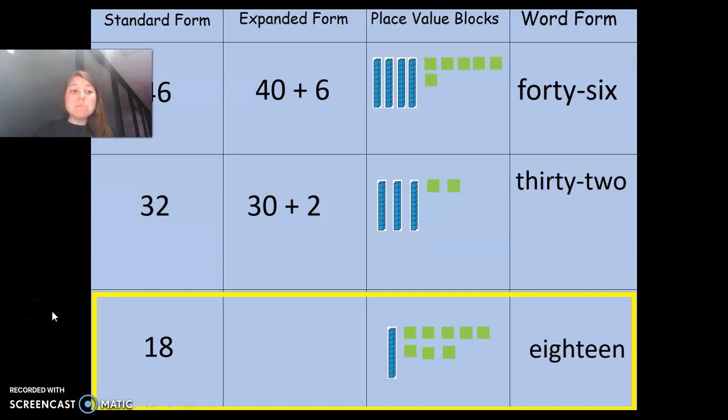What is my expanded form? Write the expanded form of 18. Think about what's the value of our ones? What's the value of our tens? Remember, blank plus blank.